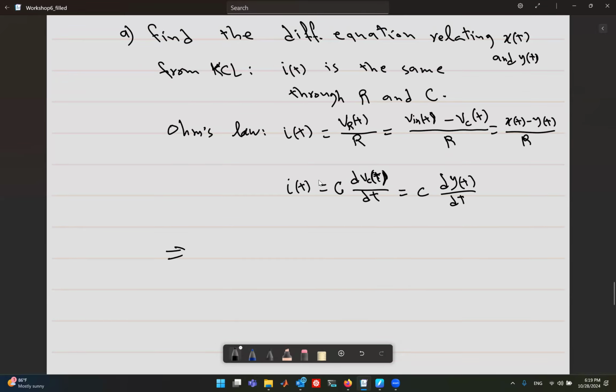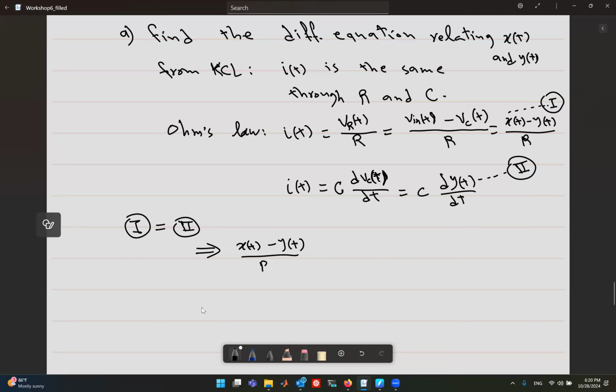We'll have then, let me call this one 1, and this is 2. One equals 2. Therefore, (x(t) minus y(t)) divided by R equals C dy(t)/dt.